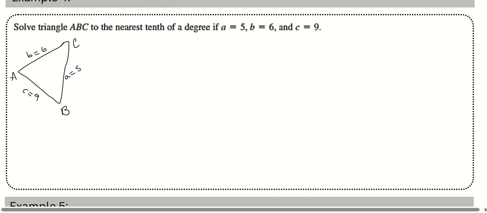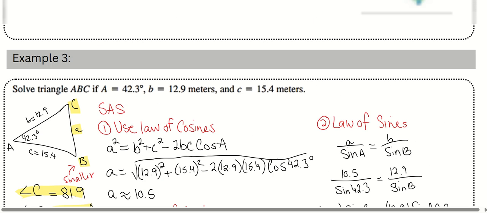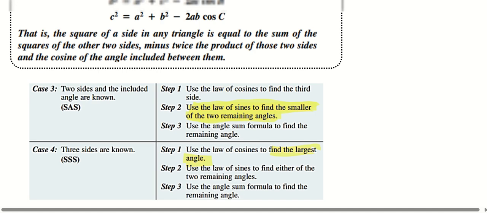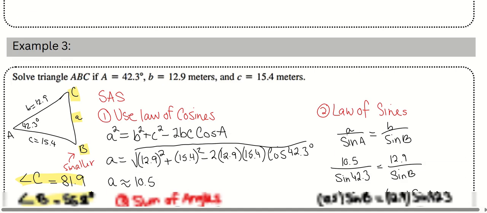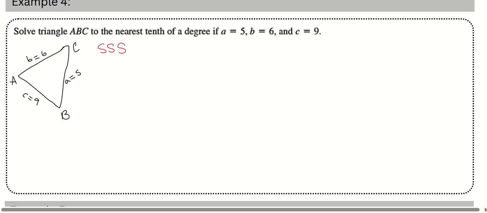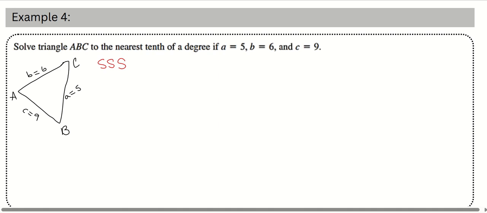Again, we are at a side side side triangle. And if we go back to our cheat sheet, it says I'm going to use the law of cosines to find the largest angle. And again, the largest angle is going to correspond to the largest side. So in our case, C is the largest angle. Okay.